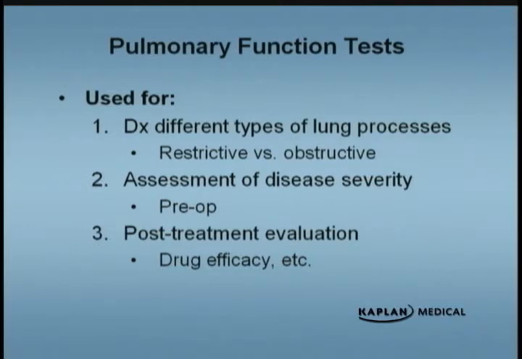The second thing that we do pulmonary function tests for is to assess severity of disease. A lot of patients with chronic lung diseases have to have surgical treatment. For example, a patient with chronic obstructive lung disease is a smoker and develops lung cancer.